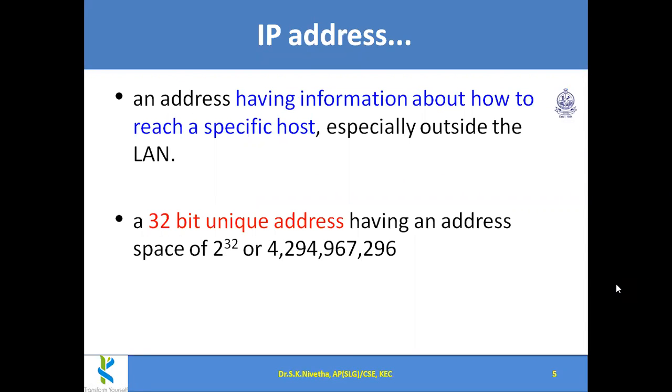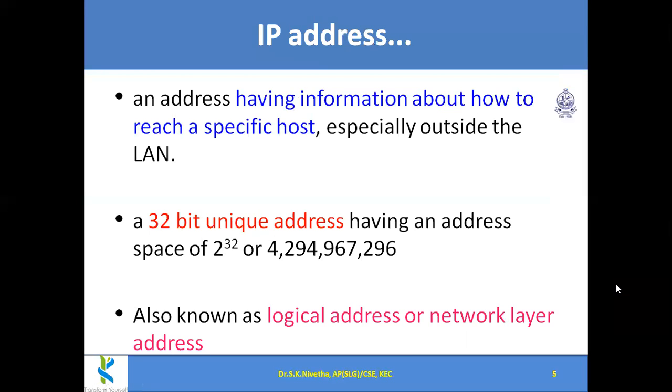This IP address is a 32-bit unique address, so we can have 2 power 32 combinations. The address space will be 4,294,967,296. This is a very big number, and we have that many addresses. We can also call this a logical address, or sometimes a net address or network layer address. So in different ways it has been called.